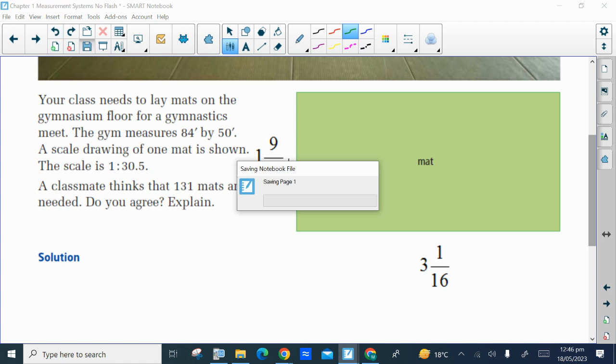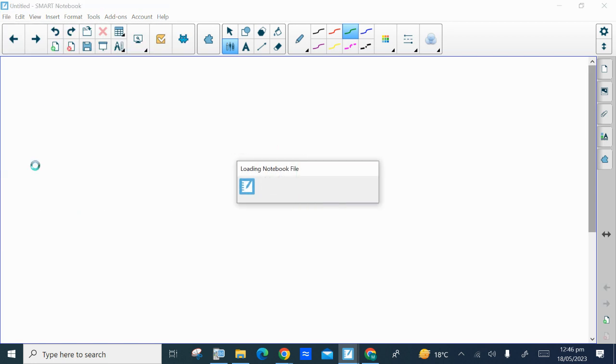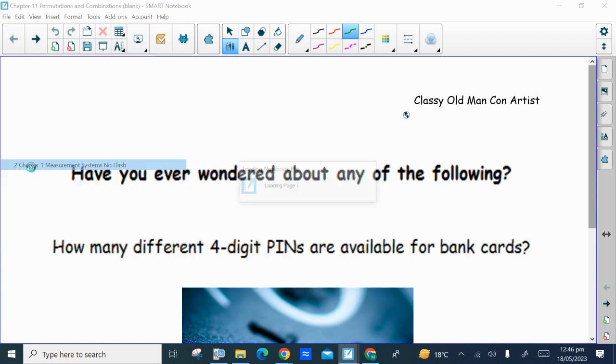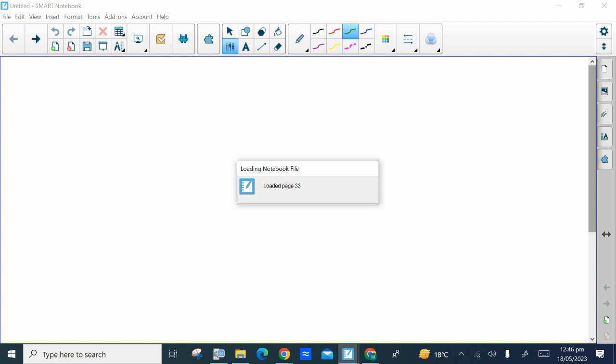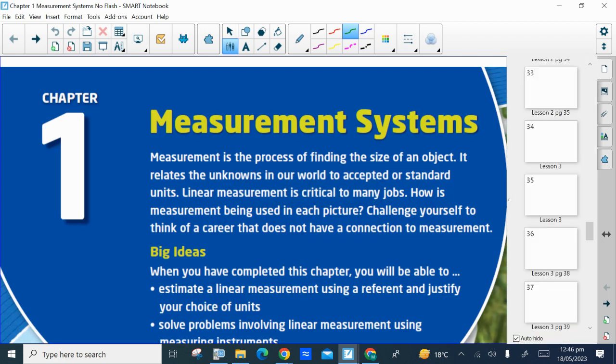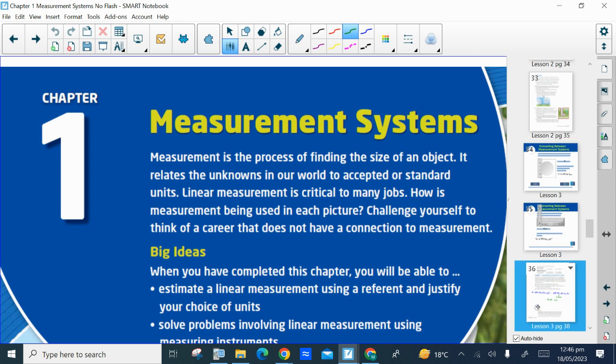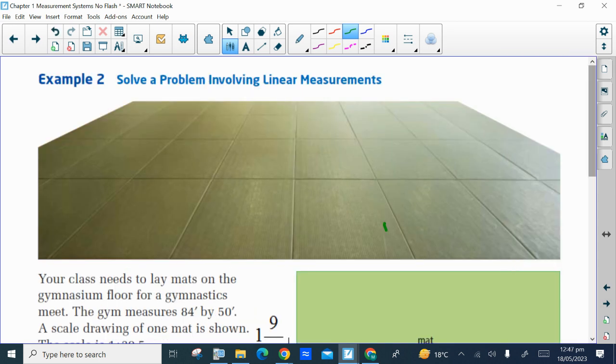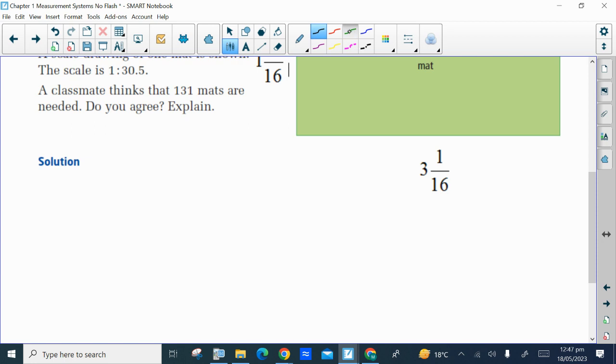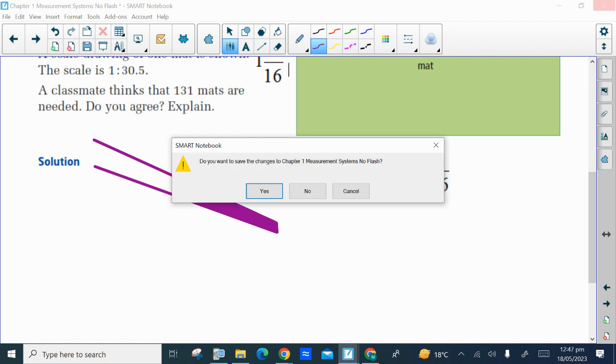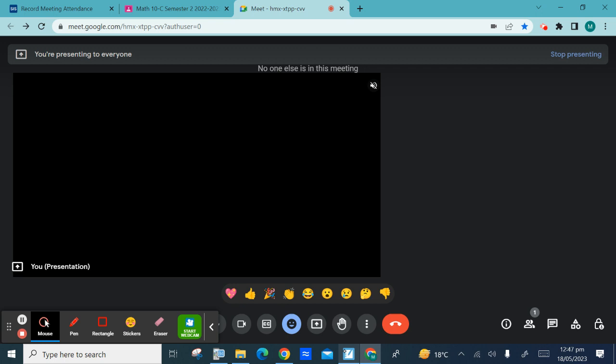Okay, I'm going to save this. I'm going to open a different one and then go back to that and see if it works properly. Let's shut it right down and reopen.